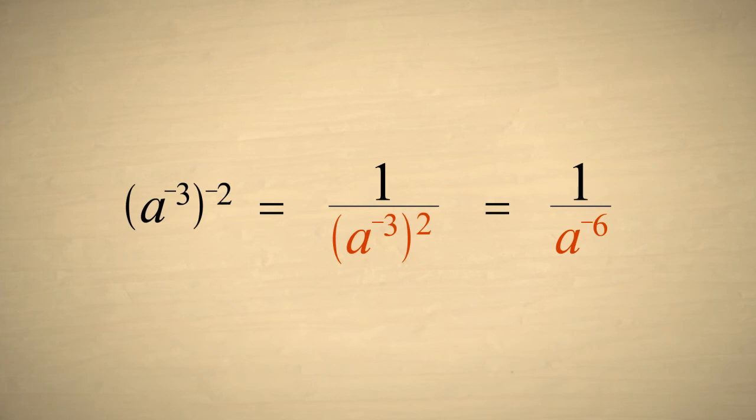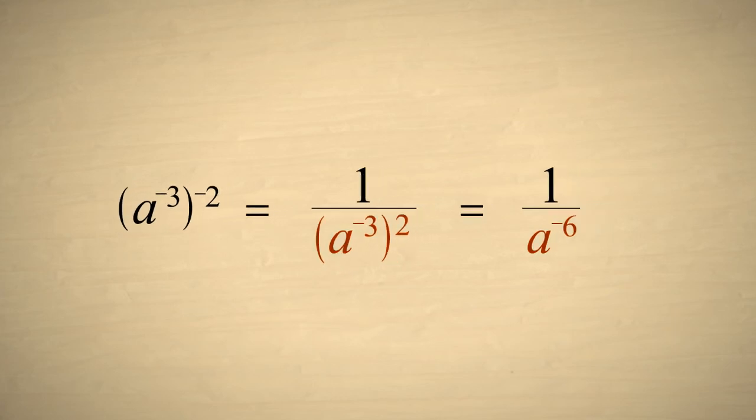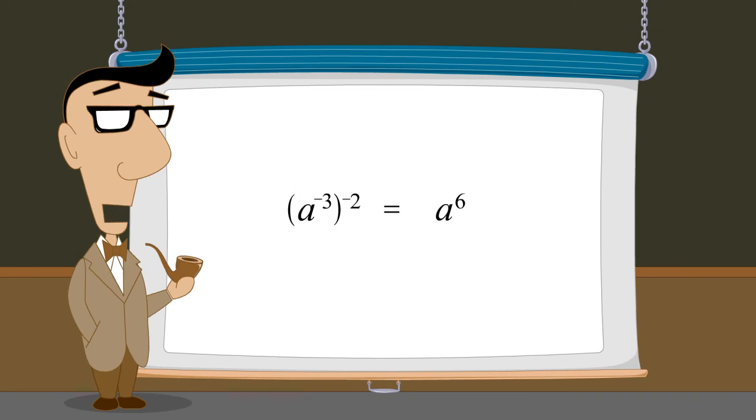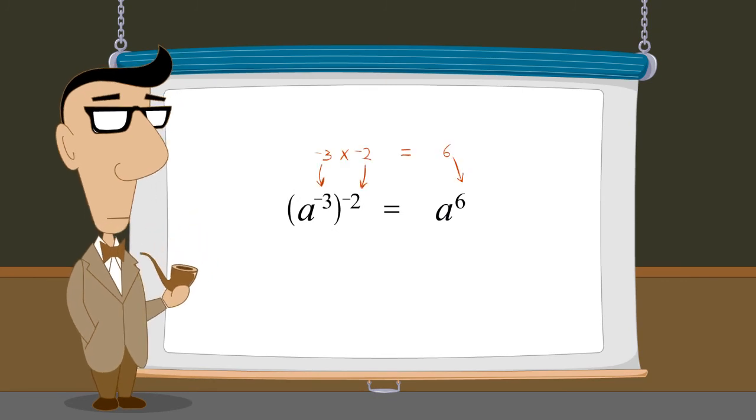And 1 over a to the negative 6 is the same thing as a to the positive 6. Since negative 3 times negative 2 is positive 6, we have showed that our rule of multiplying exponents works whether the sign of either exponent is positive or negative.